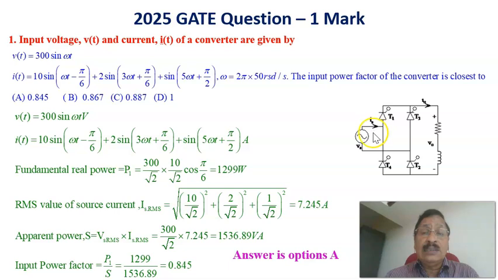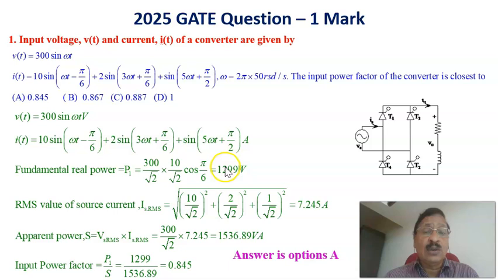In order to calculate the fundamental real power at the input side, P1, it is equal to the RMS value of the supply voltage, that is 300 divided by root 2, into the RMS value of the fundamental current, that is 10 divided by root 2, into cosine of the angle between fundamental voltage and fundamental current, which is pi by 6, or cos pi by 6.